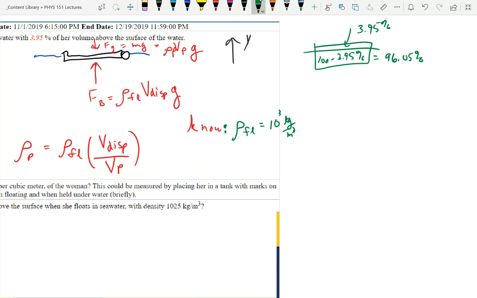So that means that we know that the volume displaced is equal to 0.9605, going from percent to a number, times the volume of the person. Well, that's all I need, because I'm looking for volume displaced over volume of the person. What is that ratio?